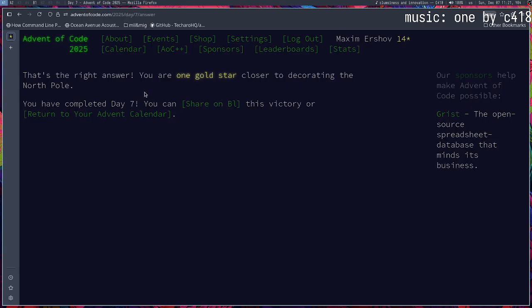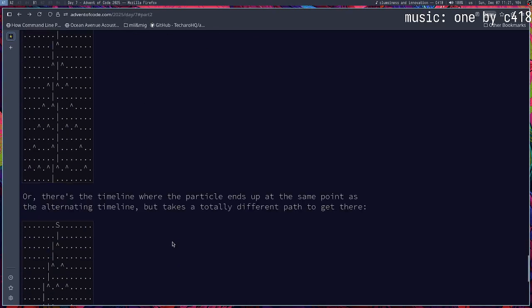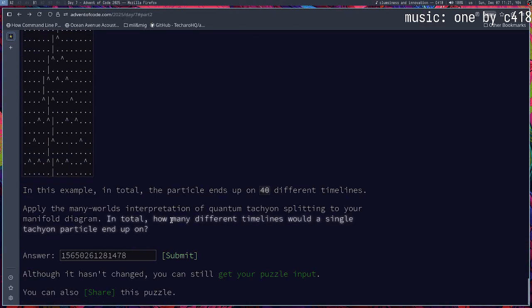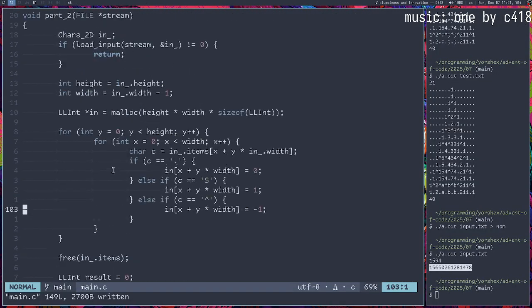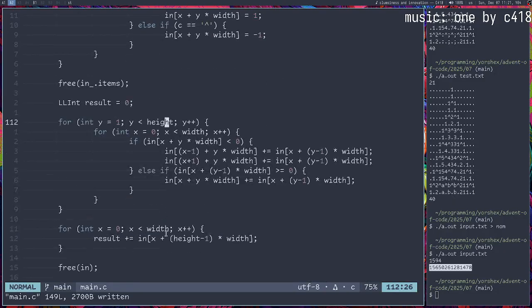I really liked how it kind of tricked me into using a recursive solution, which ended up not working. So it kind of forced me to this non-recursive solution.